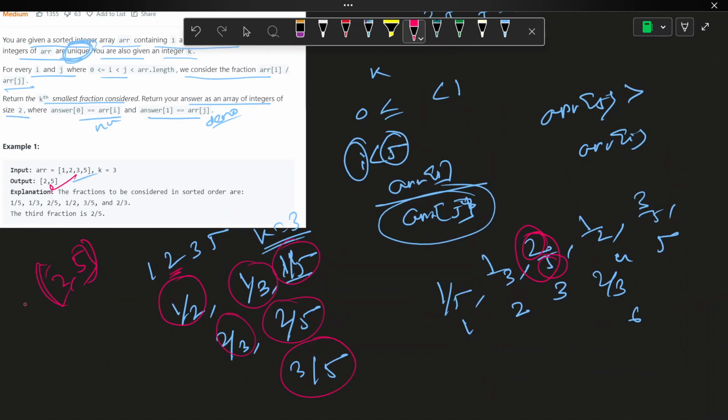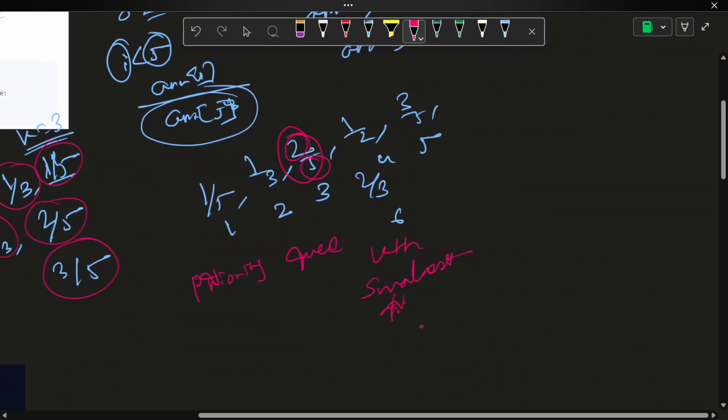If I store all these fractions in a priority queue and pop k minus 1 times, then the top element remaining in the priority queue will be the kth smallest fraction. Got it, right?